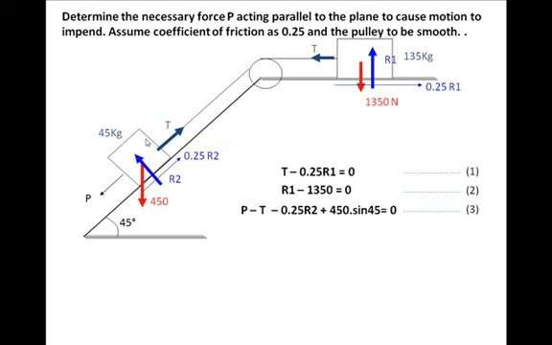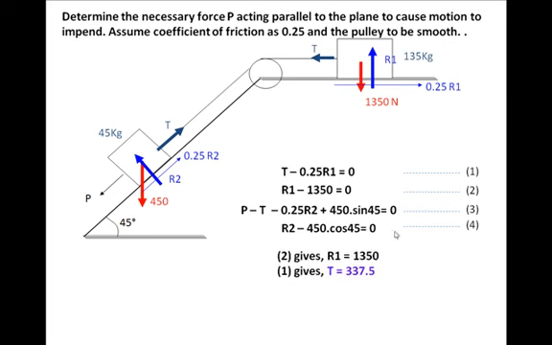Now here, because it is on an incline and the body's sides are also parallel to the incline, what we can write is P minus T minus 0.25 R2 plus 450 sin 45 is 0. That is all forces along the plane, and all forces perpendicular to the plane: R2 minus 450 cos 45 is 0. So I have these four equations.